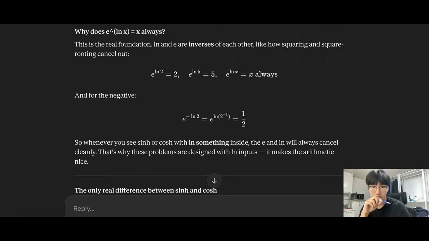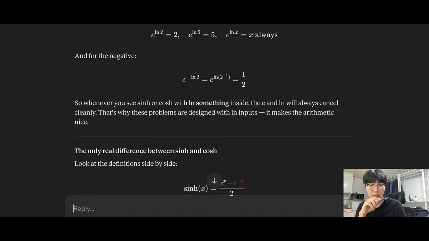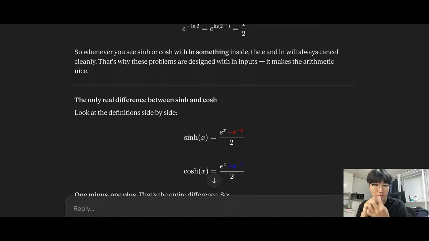That's why these problems are designed with ln inputs, it makes the arithmetic nice. The only difference between sinh and cosh: look at the definitions side by side.